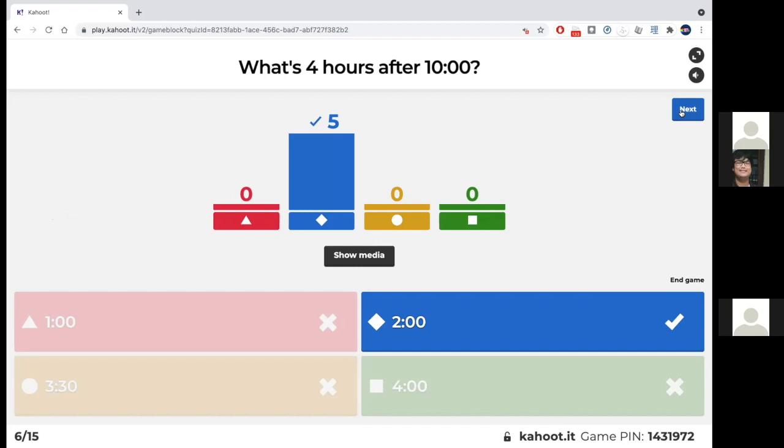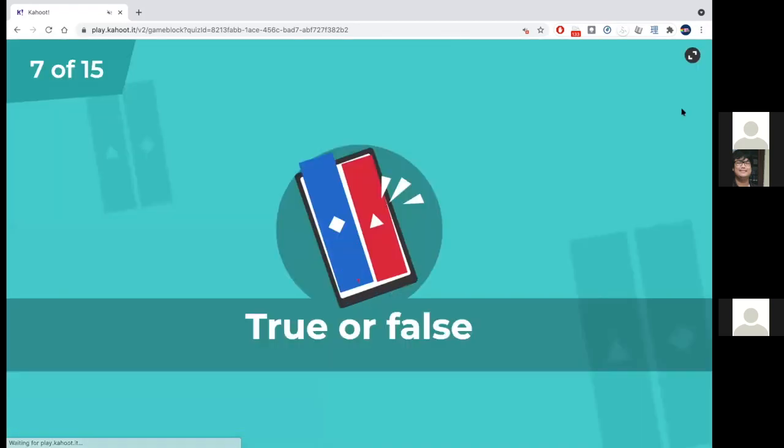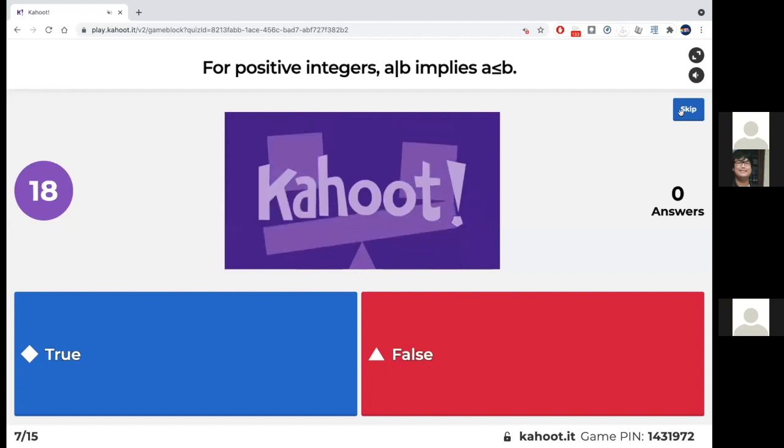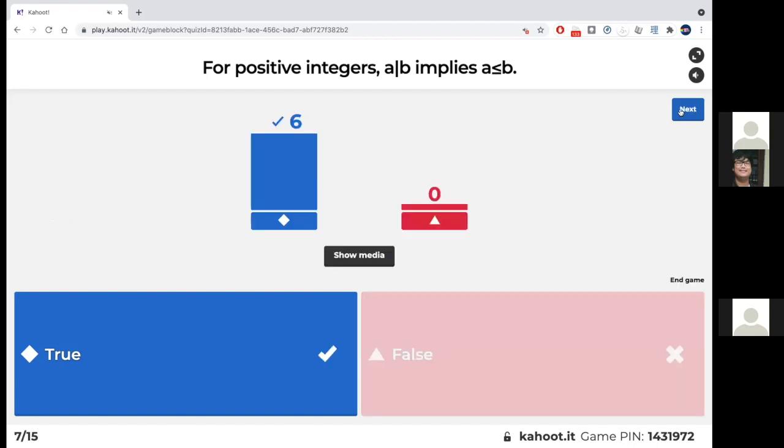Usually when people introduce modular arithmetic, they talk about clocks, because that's the most intuitive place people would have experienced that kind of addition before. Cool.